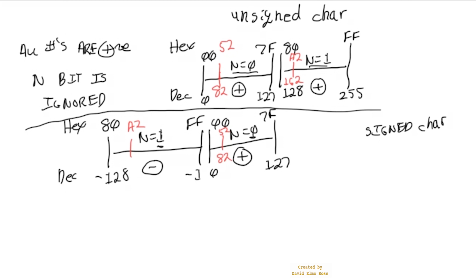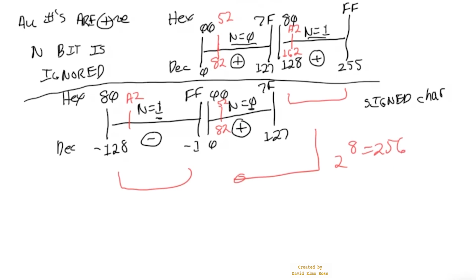Okay, so 80 through FF have one meaning for unsigned and a different meaning for signed. What you're going to find is that the meaning here for unsigned and the meaning here for signed are offset by 2 to the 8, or 256 places. So if we take a look at A2, which is 162, we can move it to the left 256 places.